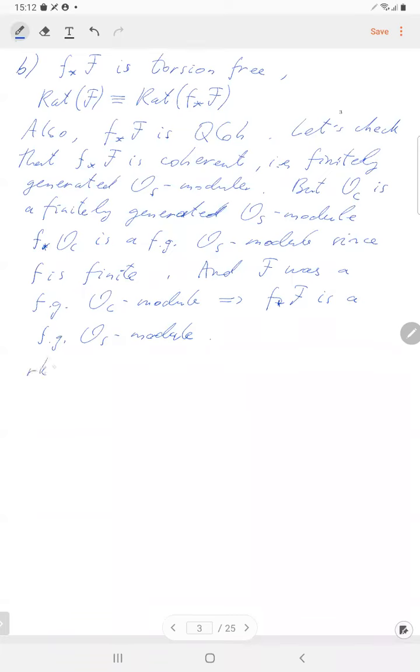The rank of the push forward of F is the dimension over the field of rational functions on the base of the rational sections of the push forward, but the rational sections of the push forward are the same as rational sections of F, and so we get the dimension over the rational functions on C of the rational sections of F times the dimension of the field extension.